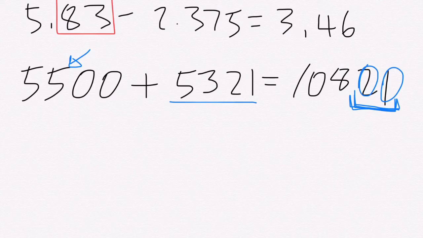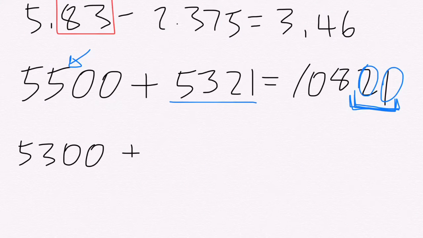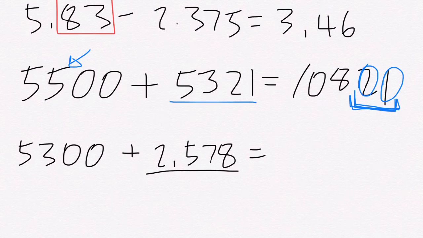Maybe let's do another example. So like 5300 plus 2.578. Now all these numbers are significant, but this is only significant starting from the 100th again.